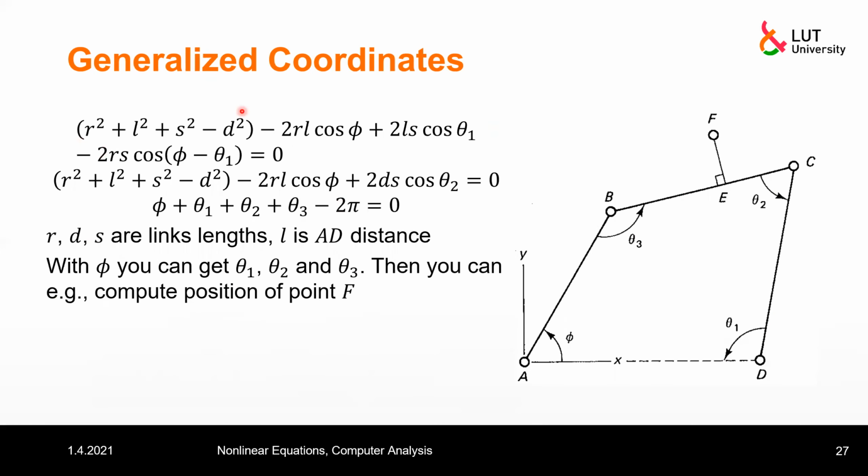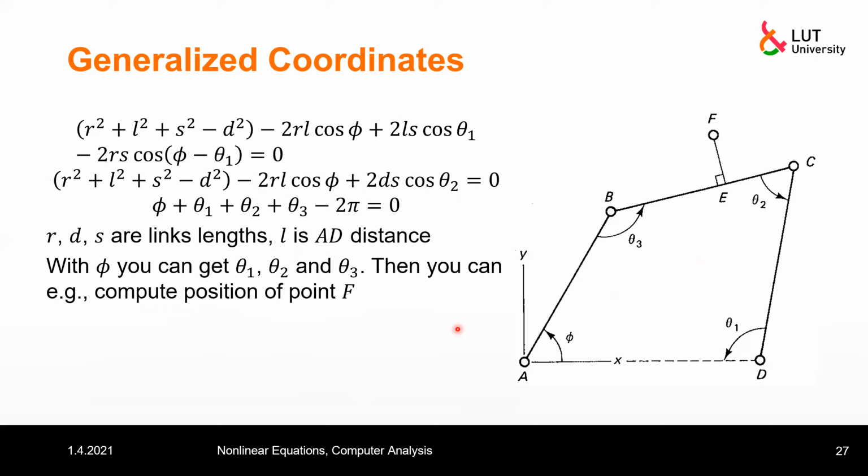From this equation, we can directly calculate theta 1. From this equation, having phi, we can calculate theta 2. This is just a simpler equation, not to provide theta 3 in this obfuscated form, but we still can put theta 1 from here, theta 2 from here, and then calculate theta 3. And here, R, D, S and L are the lengths of these links.